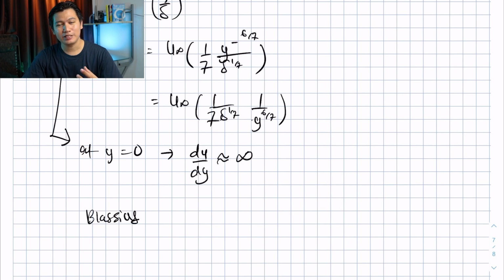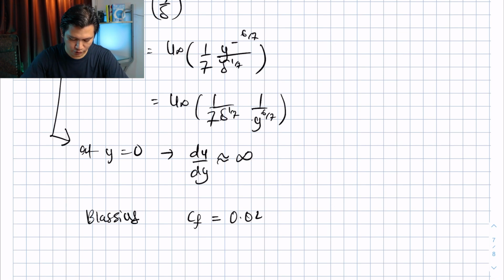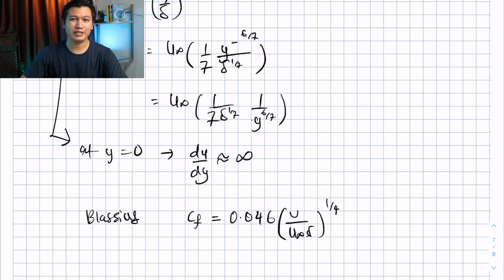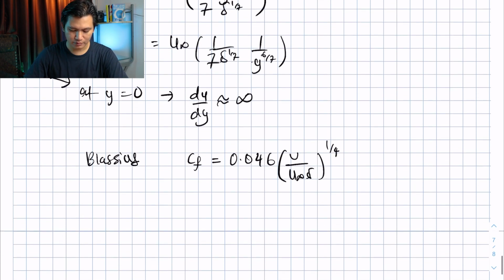Alright, and Mr. Blasius derived an equation from his experimental results, and he tells us that CF is equal to 0.046 times nu over u infinity del, to the power of 1 over 4. Do you remember what CF is?